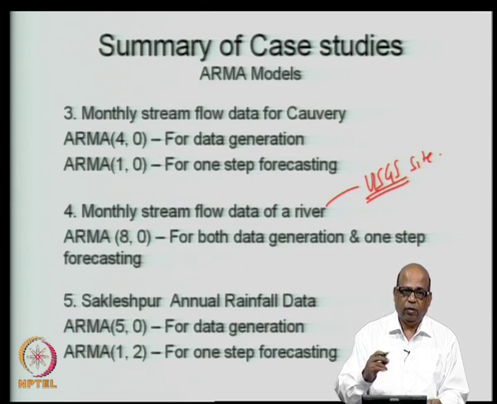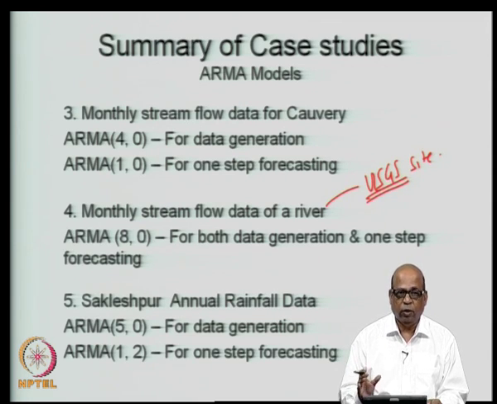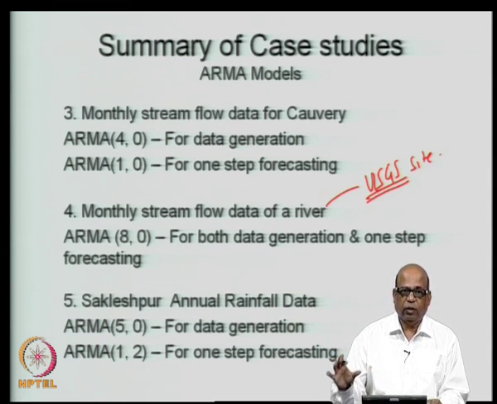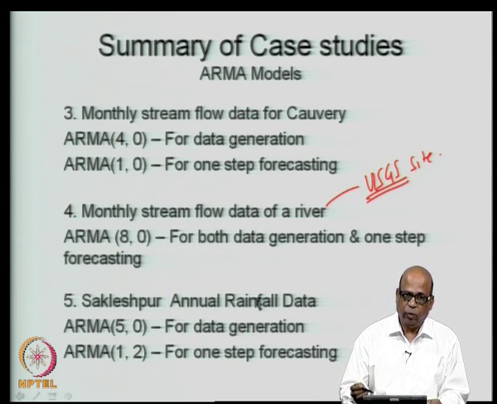Every year you get some kind of regularity, that monsoon months have higher flows compared to non-monsoon months and so on. Whereas, if you look at time series of stream flows in, let us say, the European region, that may be much different from the peninsular Indian region, which may be much different from a US river and so on.